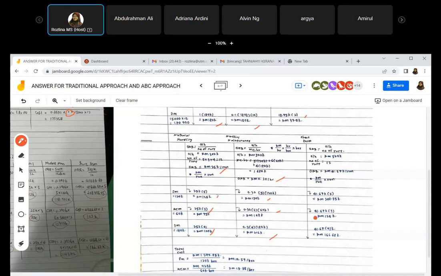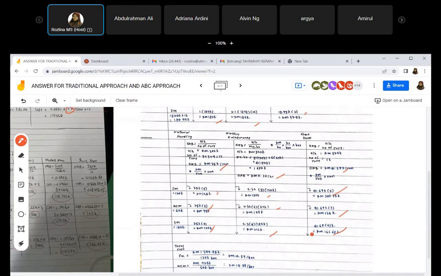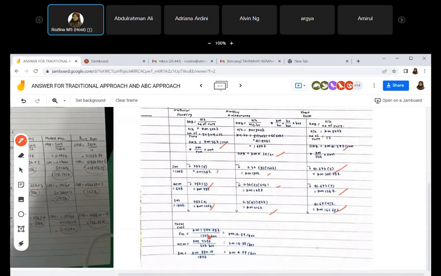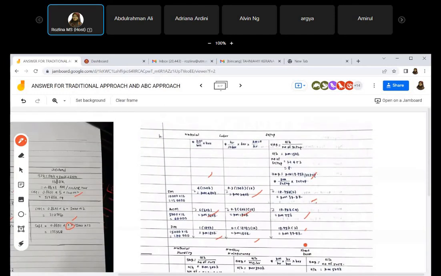Then short term. Okay, so the total cost is, okay, good. So this one also.